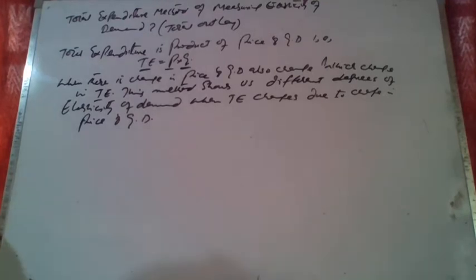Before discussing the different degrees, we must know the demand schedule first, how total expenditure changes when there is a change in price and quantity demanded. So to know about the total expenditure method, we have to make the demand schedule.